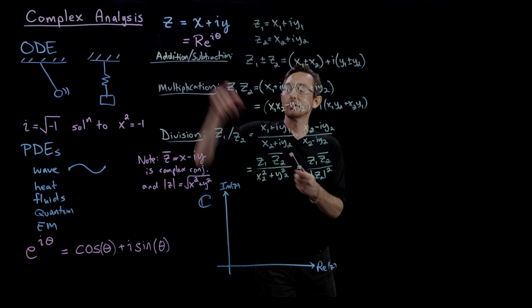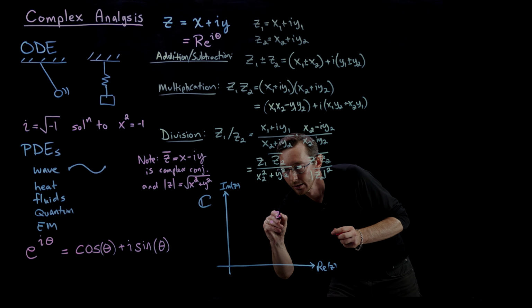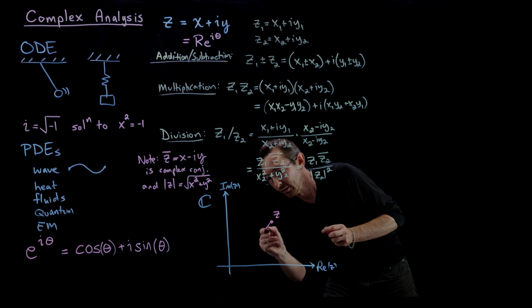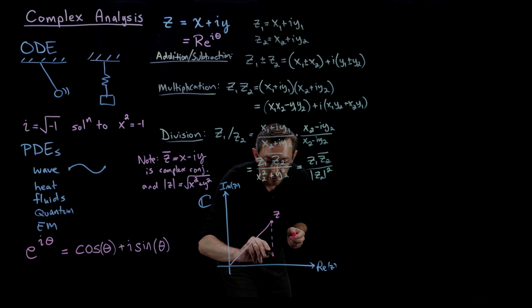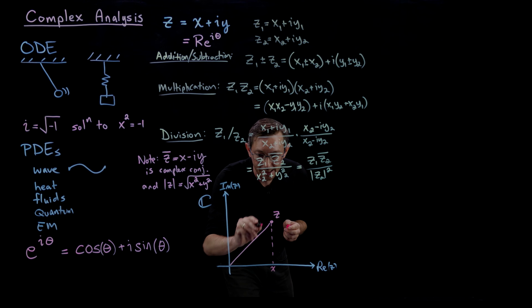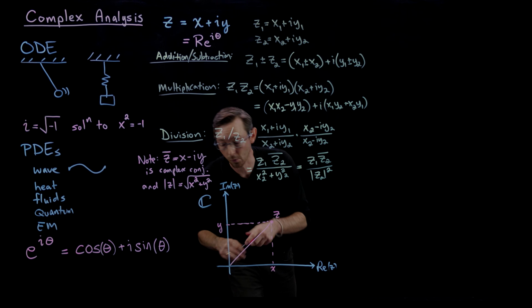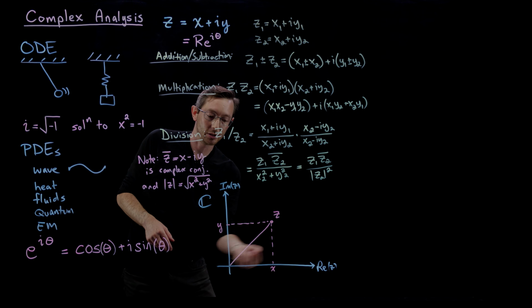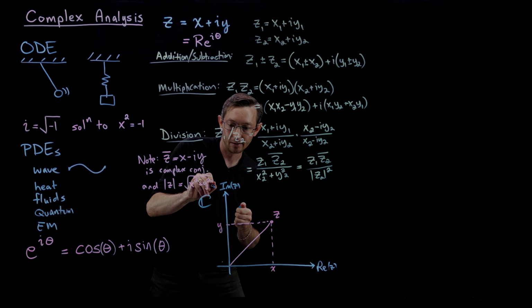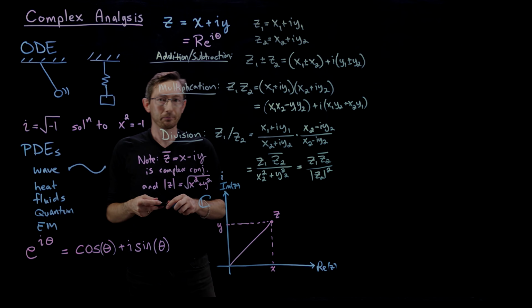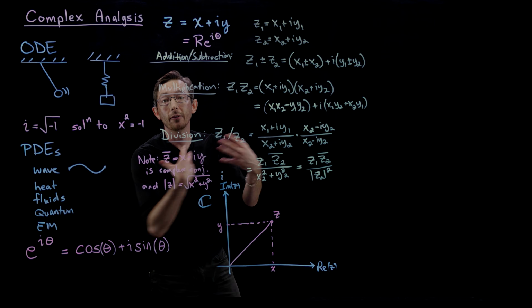Any number z that has a real part and an imaginary part, essentially the real part is its position on this x-axis, and the imaginary part is its position on this y-axis. So x in the real direction, y in the i direction. But of course, I can also represent these in terms of polar coordinates.